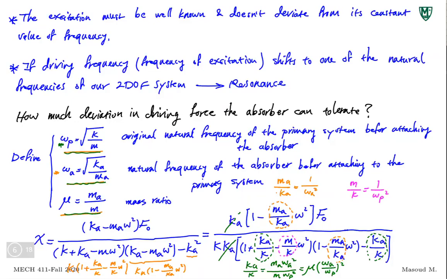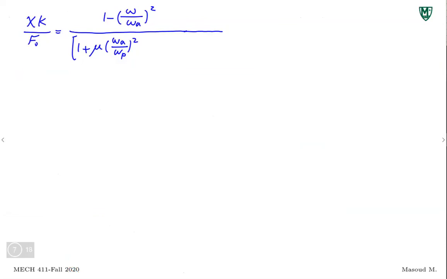And in the same manner, if I look at this equation, square both sides, m over K would be 1 over omega p squared. So I plug that back. Would be omega over omega p squared. Minus omega over omega p squared. Right? First term.